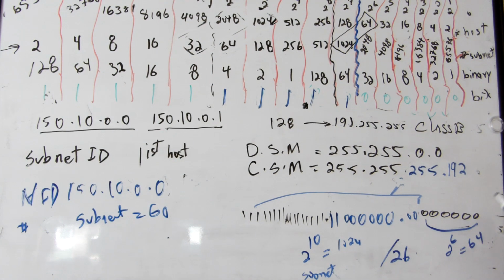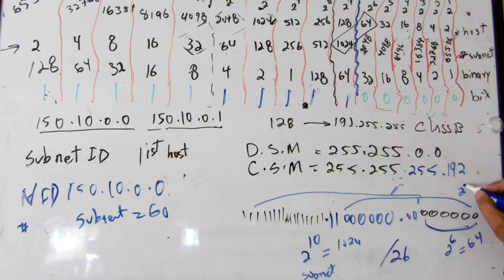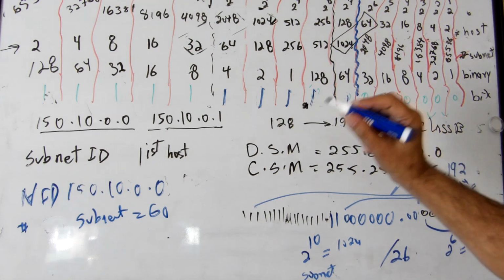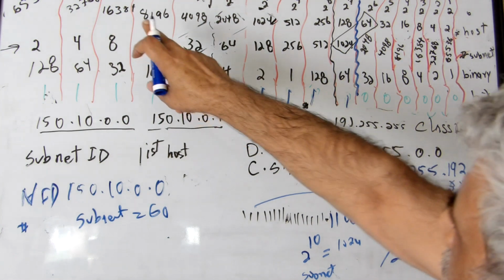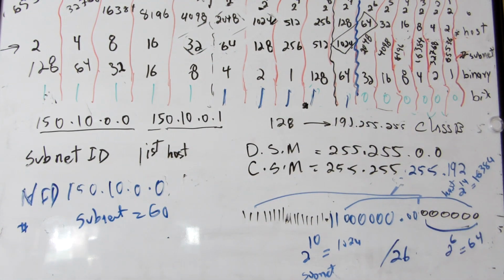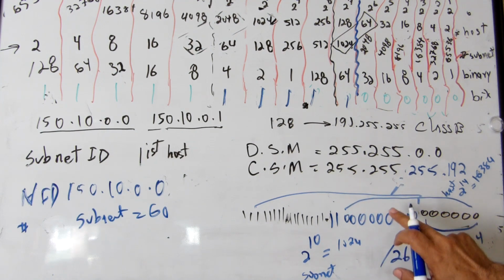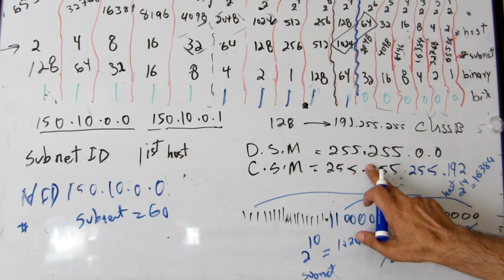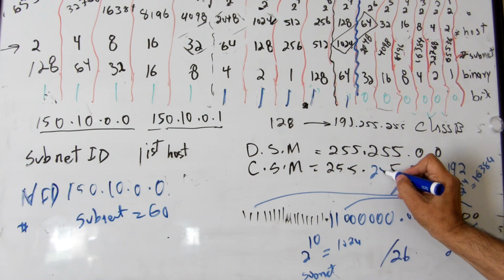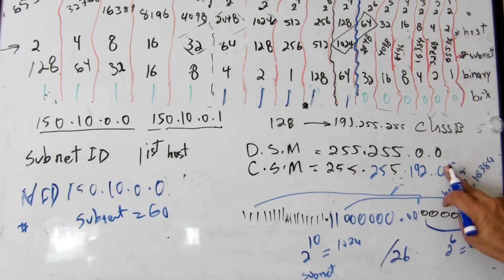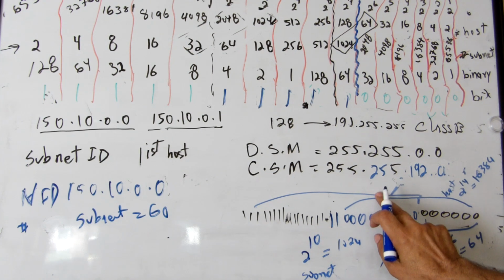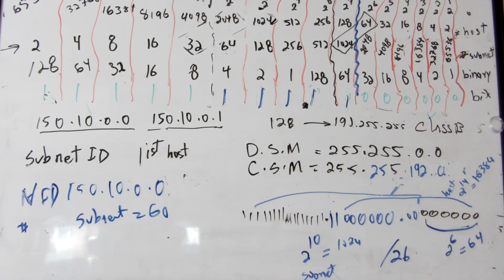Actually the number of hosts is going to be 8 plus 6, 2 to the power of 14, which is 16384 hosts. So the default subnet mask is going to be 255, and then 192.0 is going to be the custom subnet mask. Okay, thank you.